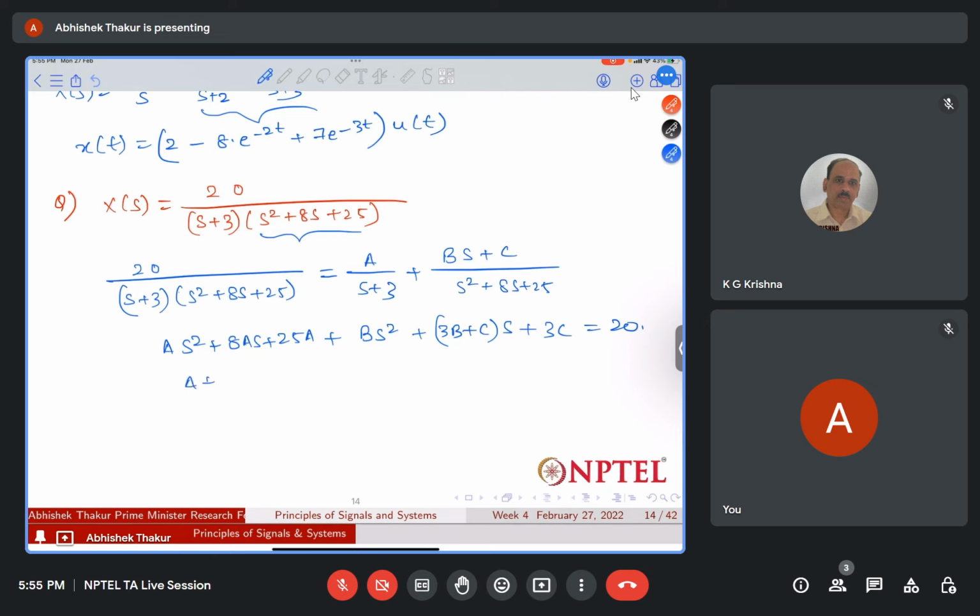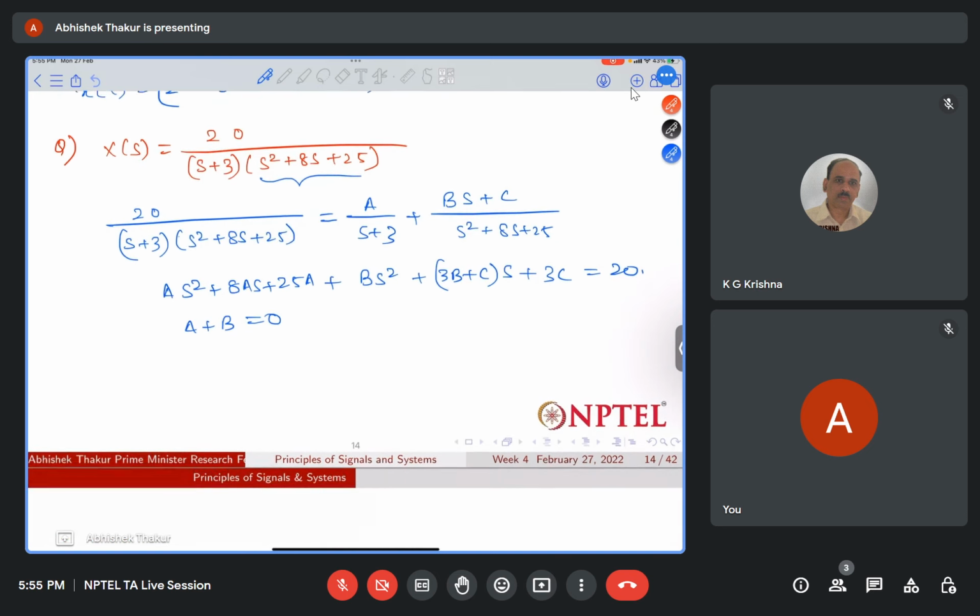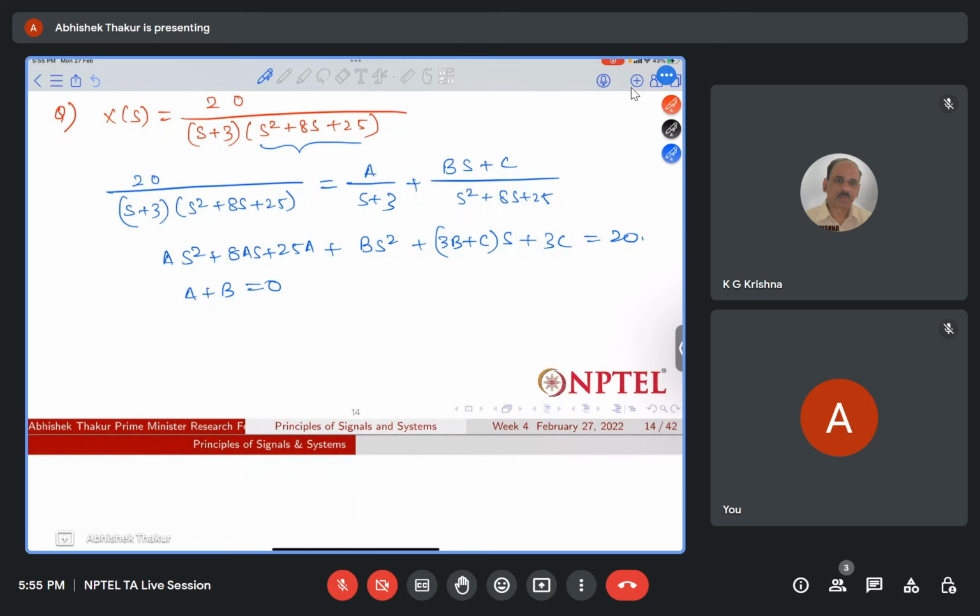Now A plus B is equal to 0, and the term of s, that is 8A plus 3B plus C, is also equal to 0. And the constant term, 25A plus 3C, is equal to 20.